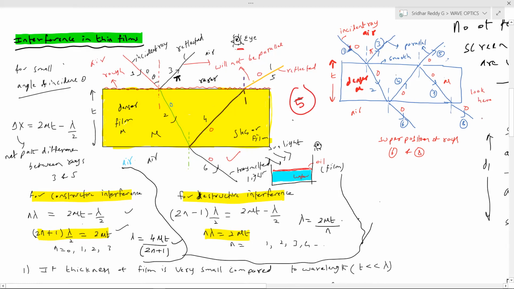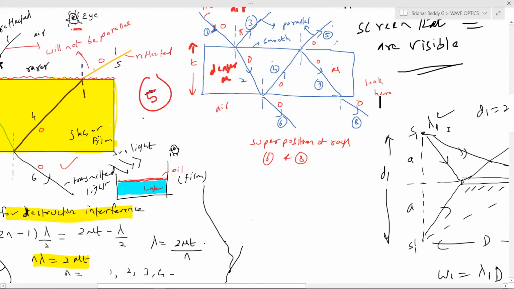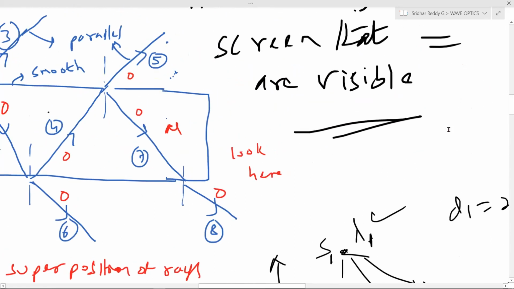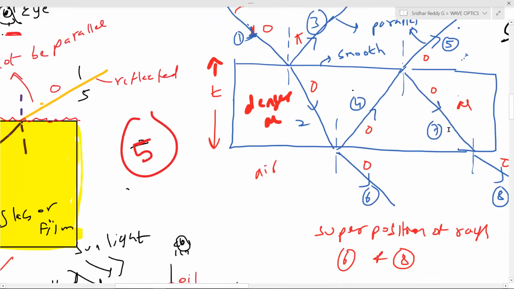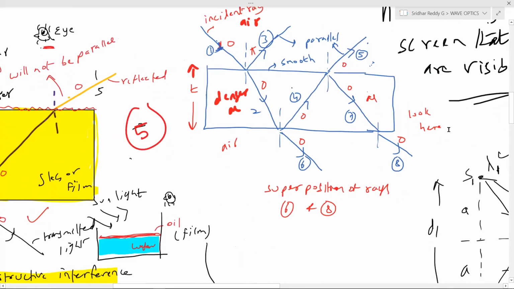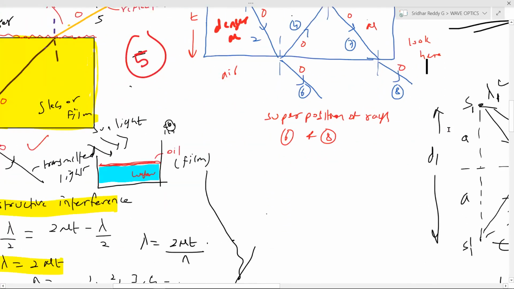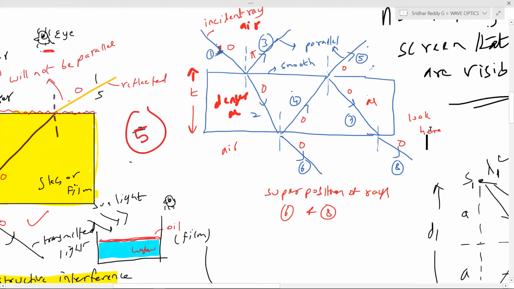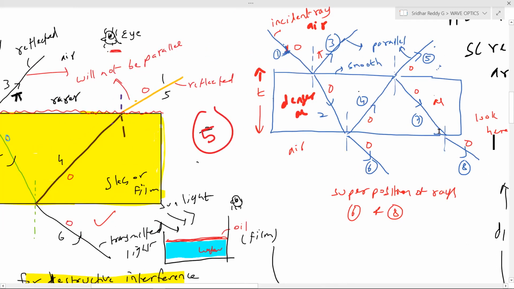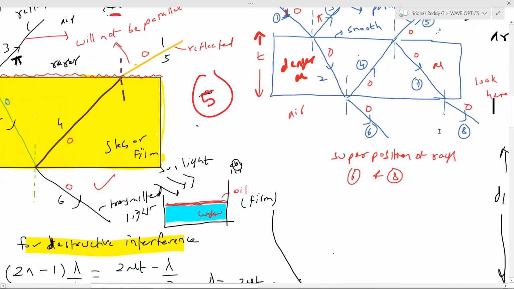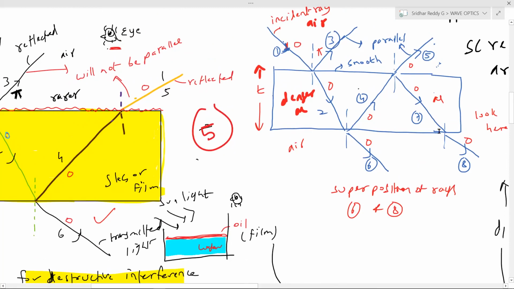Or else I'll magnify it. Hope you are able to see only this. So the superposition of 6 and 8.